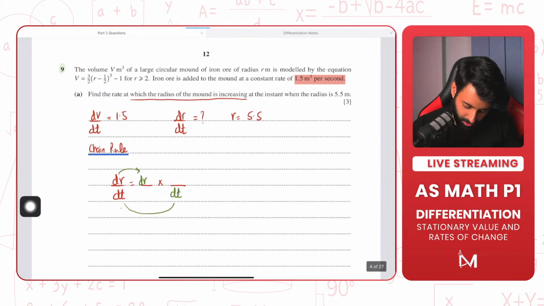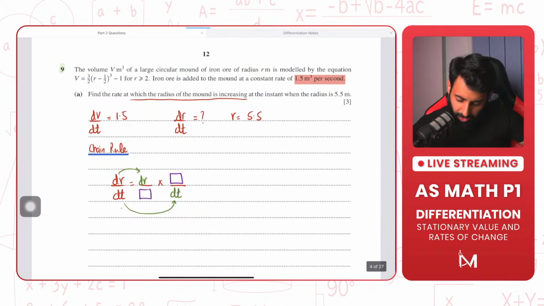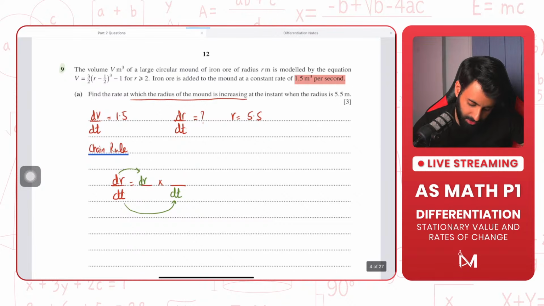In both these places, we will have something that is common, and it also has to be relevant; we can't have, for example, x over here, since x is not relevant in the question. What's common and relevant is dV. So here and here we will have dV.